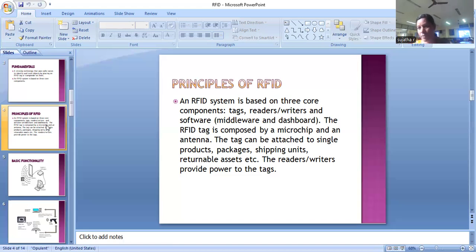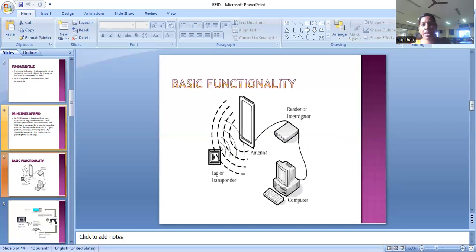If we are using high frequency, the frequency is 13.56 megahertz and the distance comes under 1 meter. Likewise, ultra high frequency is 860 to 960 megahertz, and the distance is far field, which comes under 10 to 15 meters. This is the basic functionality.